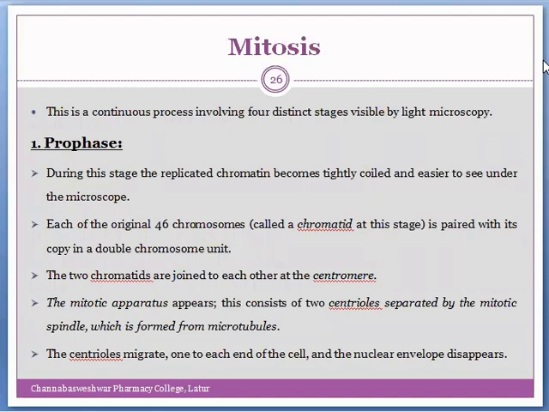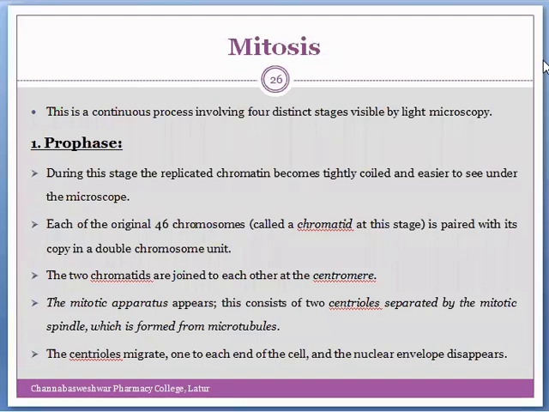During the prophase stage, the replicated chromatin becomes tightly coiled and easier to see under the microscope, and each of the original 46 chromosomes, which is called a chromatid at this stage, is paired with its copy in a double chromosome unit. That means formation of two sets of chromosomes. How?